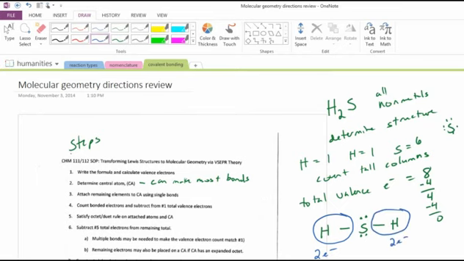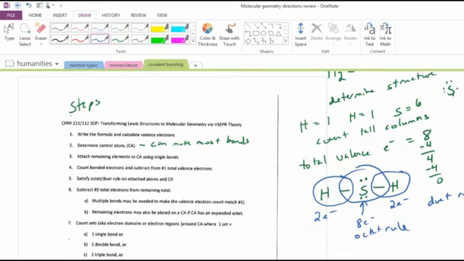This hydrogen also has 2 electrons, so it has its duet rule satisfied. Sulfur, 2, 4, 6, 8 electrons. There's our octet rule. Now, since I've sort of junked that one up, let me rewrite it.